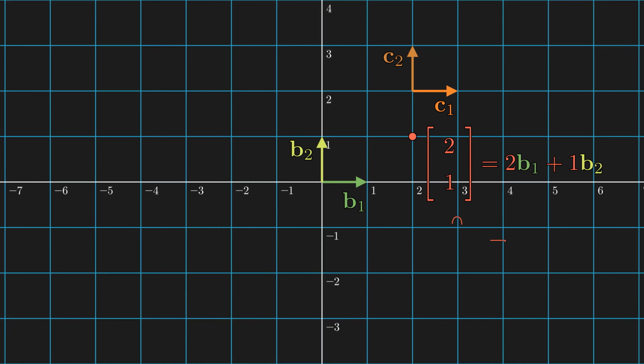Then the point that was originally 2, 1 in the old coordinates is now 0, -1. If you know some linear algebra, you may say that C1 and C2 are not basis vectors, or not even vectors, since they don't start at the origin. But they indeed are basis vectors, but of a different vector space, which we call the tangent space at the point 2, 2. You can just think of it as a different vector space with a different origin.